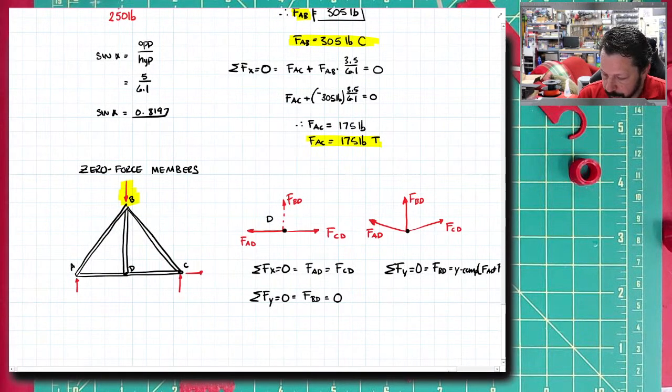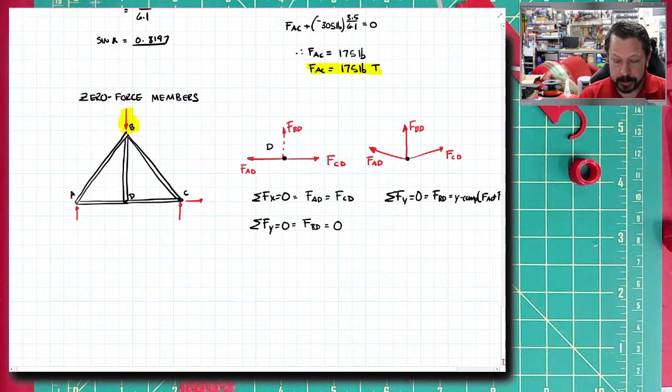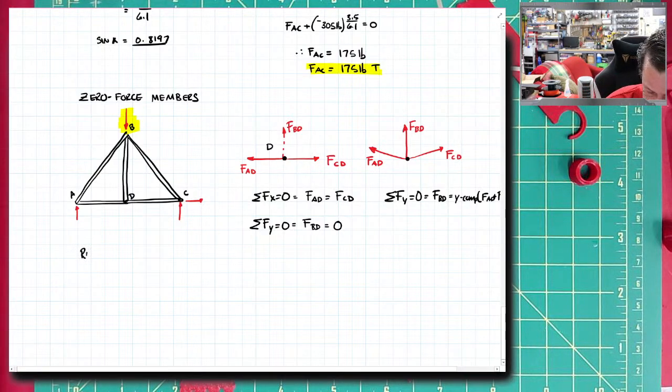So it would be handy if you could just look at a truss and follow some rules and identify 0 force members. So here are those rules for finding 0 force members by observation. Obviously, you can calculate it and it just comes out 0, and that's one way to do it. But we might want to find 0 force members by observation.